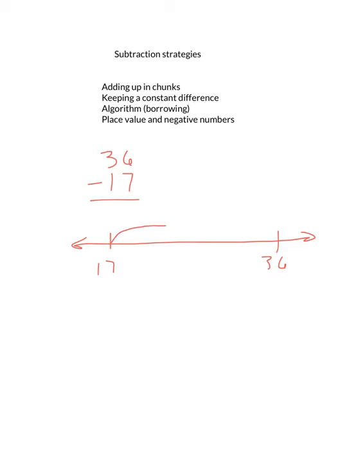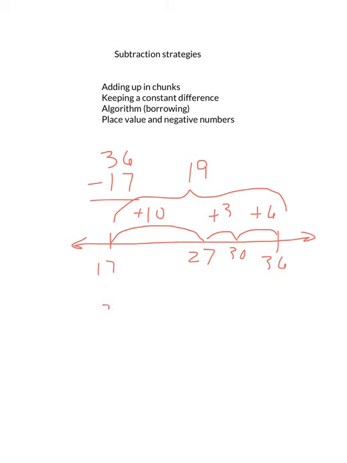So 17 plus 10 gets us to 27. 27 plus 3 gets us to 30. 30 plus 6 gets us to 36. So we know the total difference between 17 and 36 is a difference of 19.